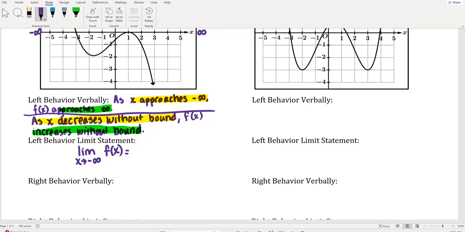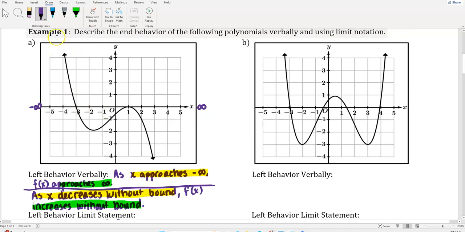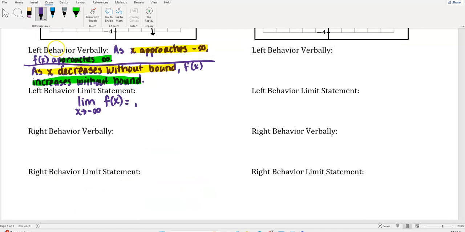And then you're going to say that equals, in this case, because on the left side our graph is going up forever, that is positive infinity. I do love limit notation because it sort of condenses it. You don't have to write it out in words. Mathematicians are constantly looking for a way that we can use symbols to condense everything down instead of having to write a bunch of words out, right? Constantly avoiding words. So I do like limit notation.